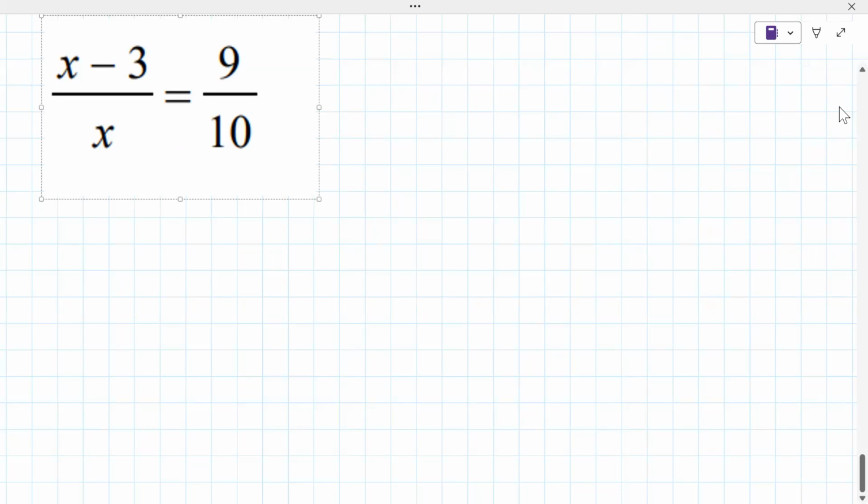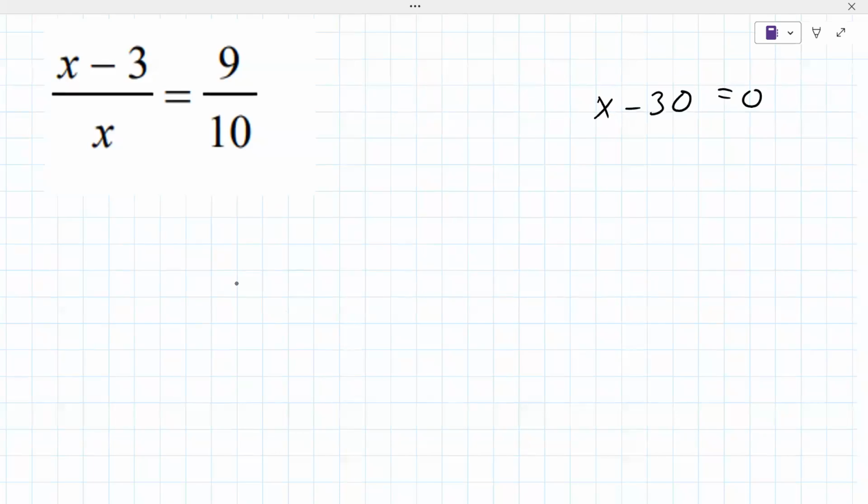Okay, for my final answer, I got x equals negative 30. Don't you have x minus 30 equals 0 though? Okay, so how do you move that number to the other side of the equation? Wait, I have 9x equals 10x minus 30.